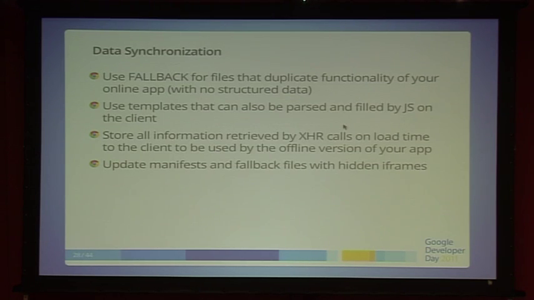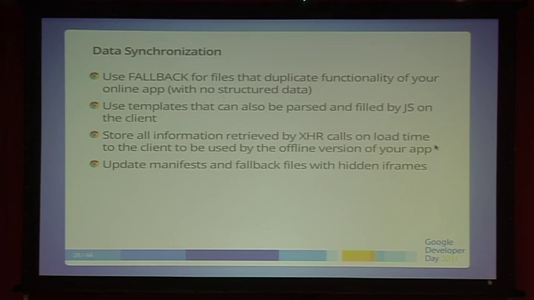If you don't have network, use the cached versions. Then for XMLHttpRequests, when you're getting data, put the data into one of the web storage APIs or IndexedDB, or store it somewhere, and then use that to fill in your JavaScript objects. When you have network available, you can use the network versions. When you don't, use the offline versions.